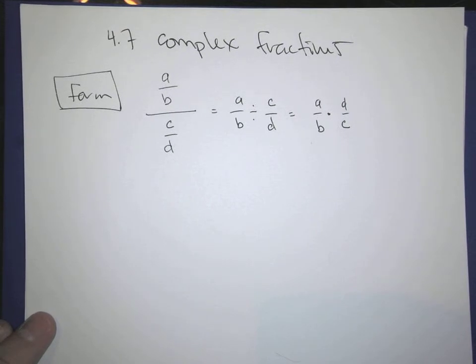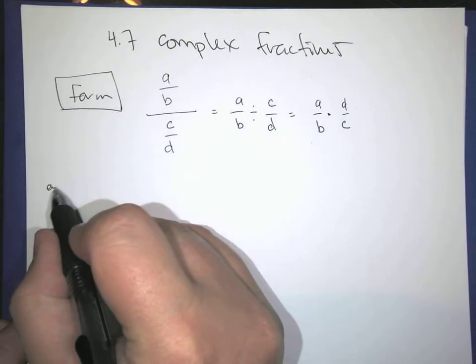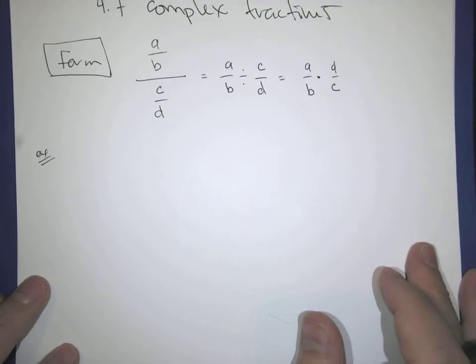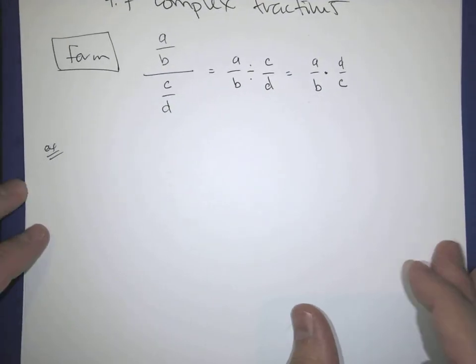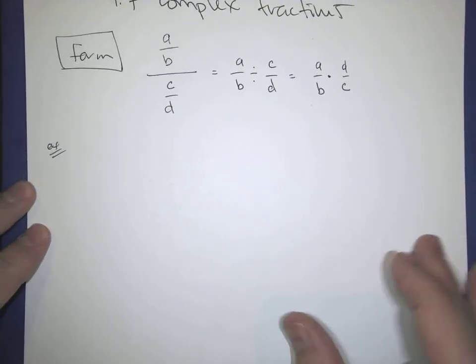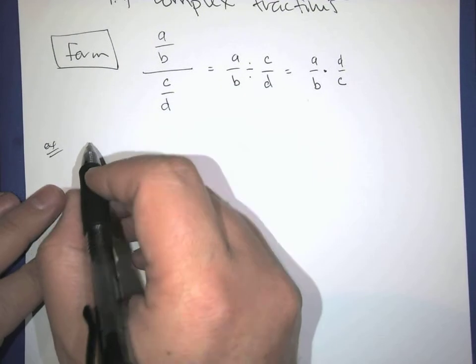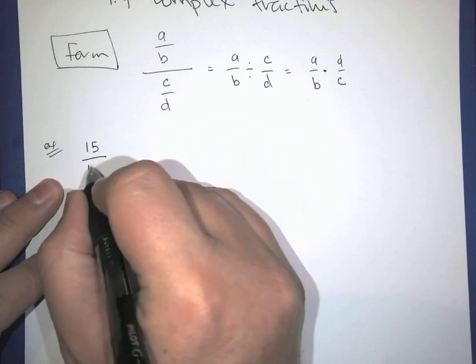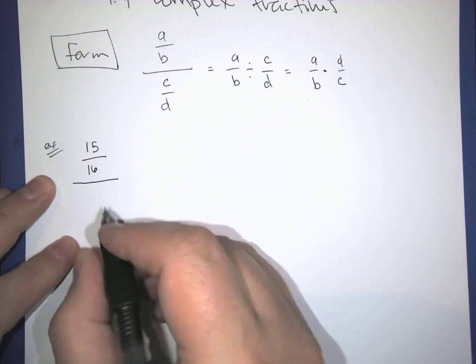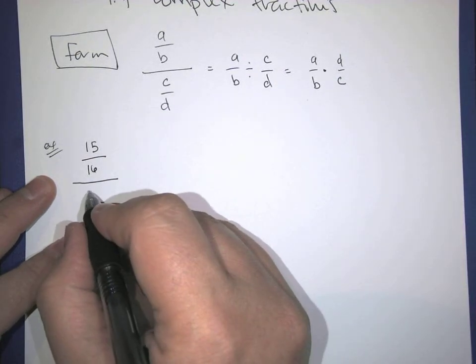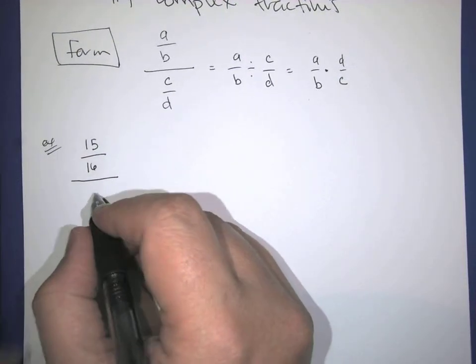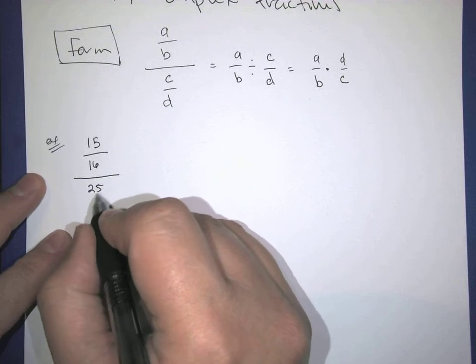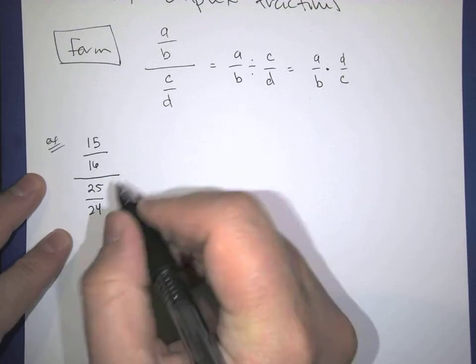So let's see what this would look like with some actual numbers in here. It's always easier to see these things in practice than to see the generic version of it. Maybe I've got 15 over 16, and then that whole thing is getting divided by 25 over 24.